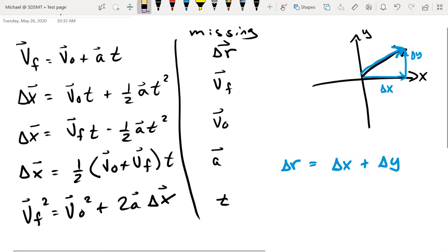Those can just stand in as they are, but I am going to go through and update our kinematic equations so that they all have delta r for the displacement vector. And then I can plug in the value for delta r as needed, depending on what kind of system I have, if it's 1D, 2D, or 3D.